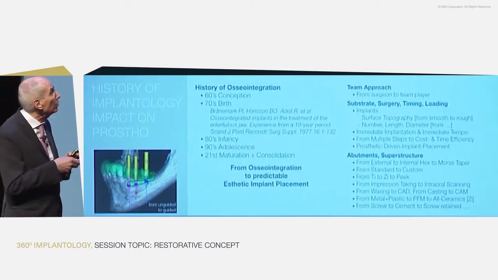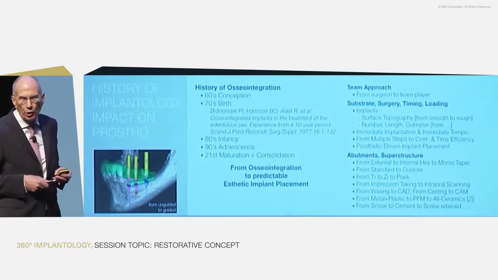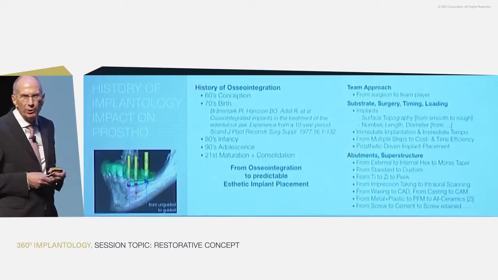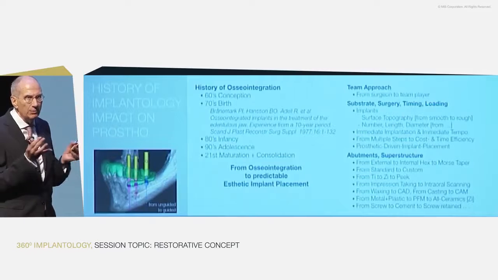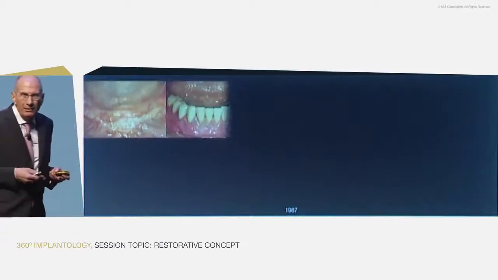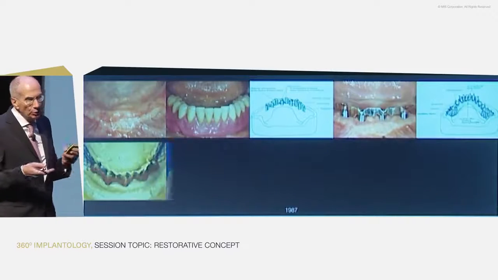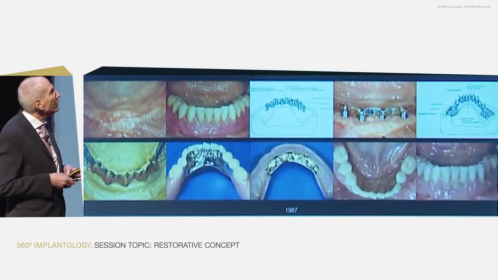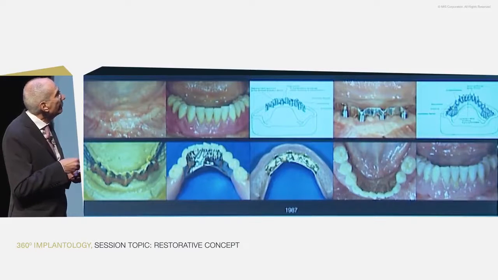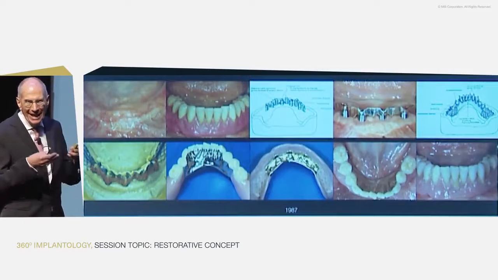Maybe let's take another big one, the team approach, whereas in the beginning it was a totally surgical procedure. Today, it is more of a team approach. And this reminds me of the 80s, the birth, when we treated our patients. You see an old edentulous case, where everything had been done by casting.